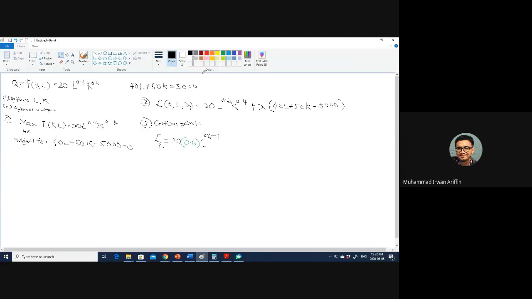Then we have K to the power of 0.4, plus, there is an L here, so this one becomes lambda multiplied with 40. And then we're going to set this equal to 0. So this basically becomes 20 multiplied with 0.6, which is, sorry, not 8, it's 12.